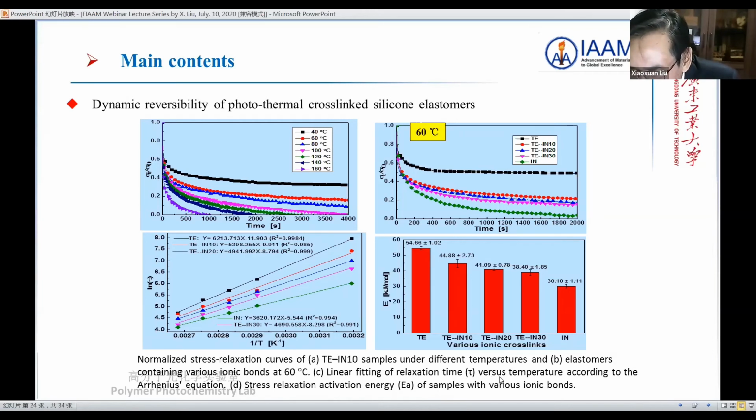The relaxation time changes with the temperature according to the Arrhenius equation. D is the stress relaxation activation energies Ea of the samples with various ion bonds.